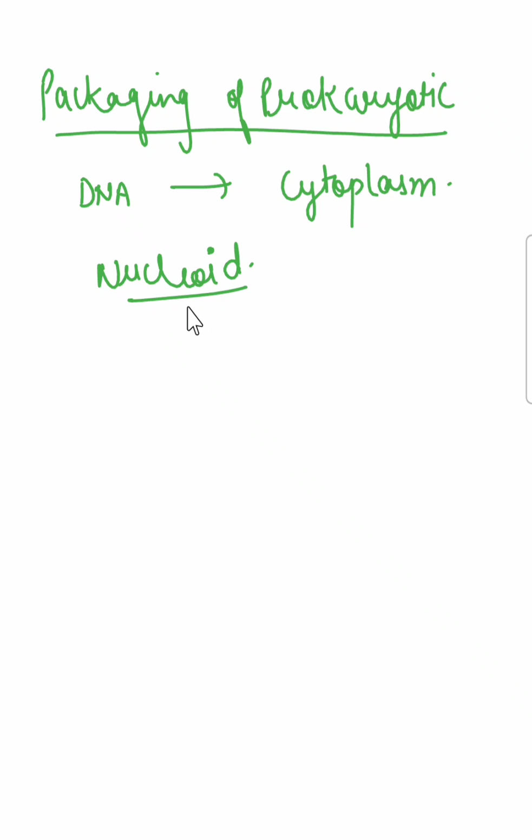Definitely from DNA, nucleoid is a little bit different. Some modifications are always there. DNA is a negatively charged molecule. Why is it negatively charged? Because of the presence of the phosphate group. Remember we have three components in our DNA: sugar, nitrogenous bases, and phosphate. Phosphate provides the negative charge to my DNA.